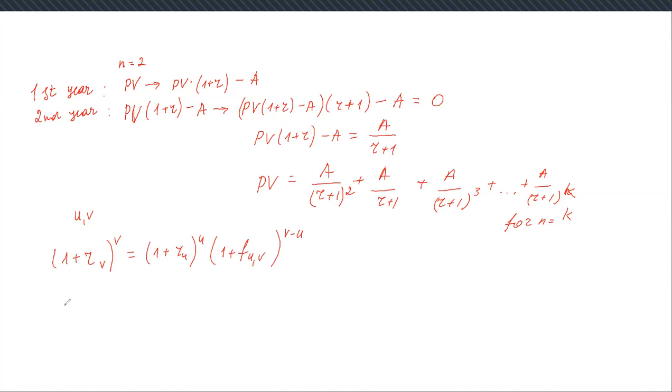For example, V equals 5, U equals 3, R sub V equals 7%, and R sub U equals 2%.